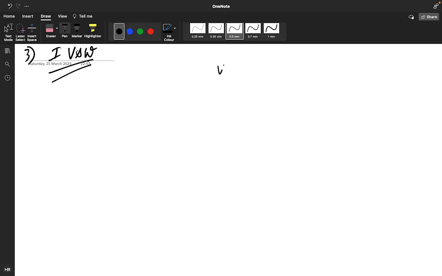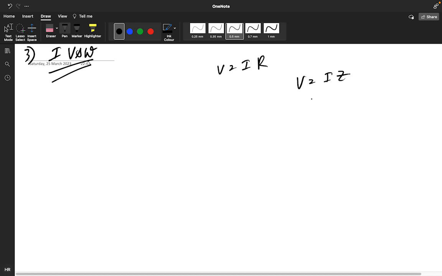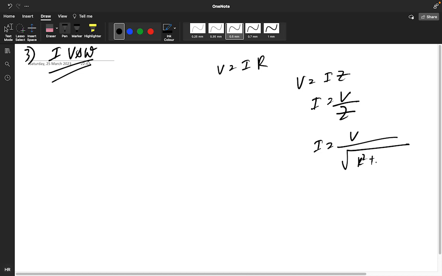Guys, V is equal to I into R, or basically since we are talking about the impedance circuit, we write V is equal to I into Z. So I is equal to V upon Z, and I is equal to V divided by root under R square plus XL minus XC the whole square.